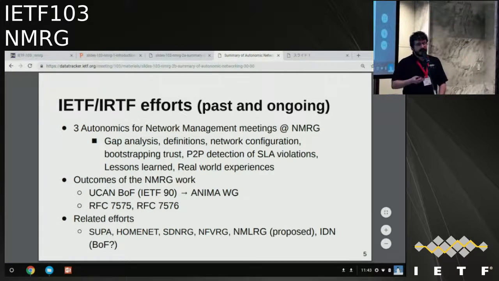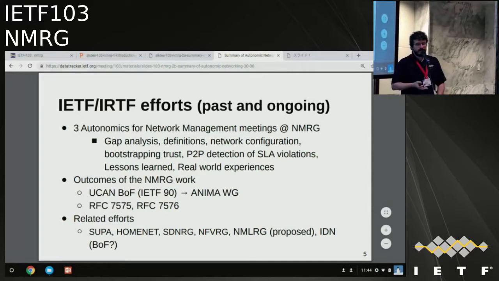There were several outcomes of these NMRG workshops. For example, we had the UCAN BOF, the use cases of autonomic networking BOF, which was held at IETF 90, and the product of that is the ANIMA working group.